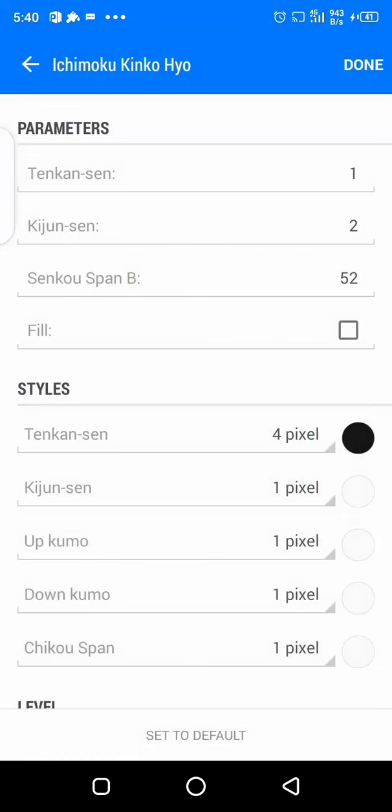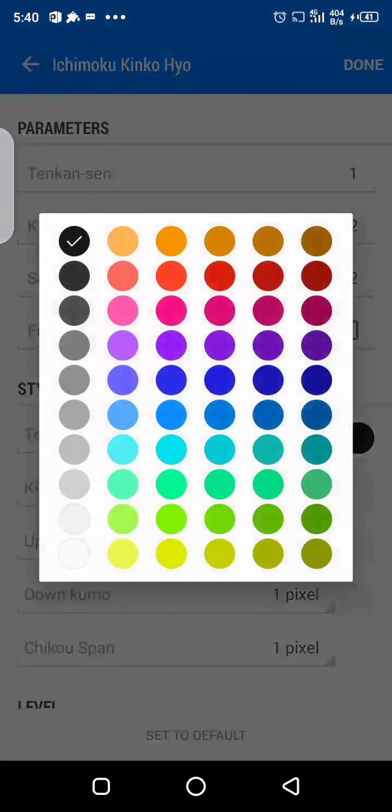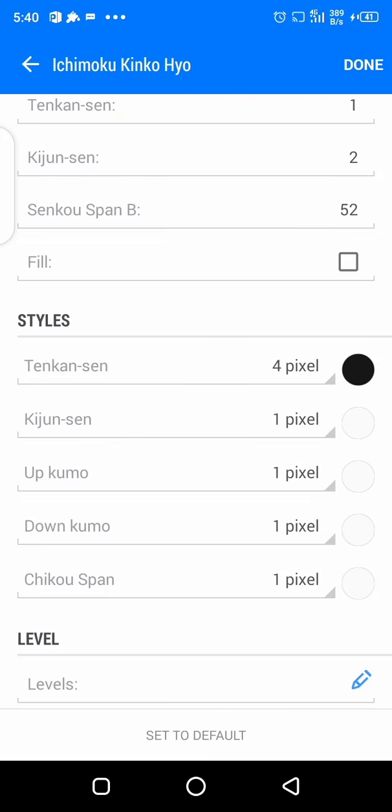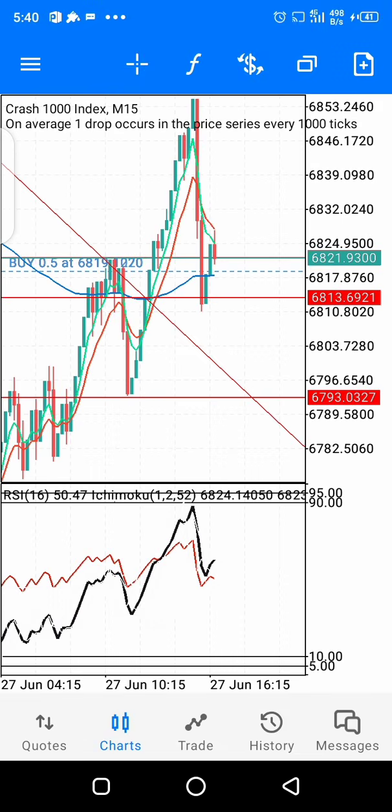Then if it is black, you make here white. Other styles here are all the same as your MT5 background, because we don't want it to show on the chart. So you click on done. That's it.